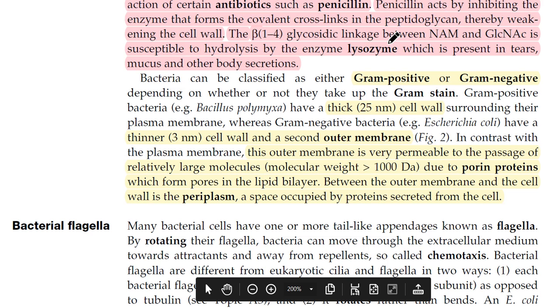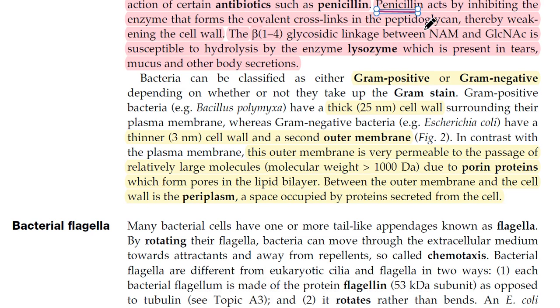Now one important point to remember: the antibiotic penicillin targets the enzyme which helps in cell wall synthesis. But which step does it target? It inhibits the enzyme that forms the covalent cross-link in the peptidoglycan. What is this covalent cross-link?